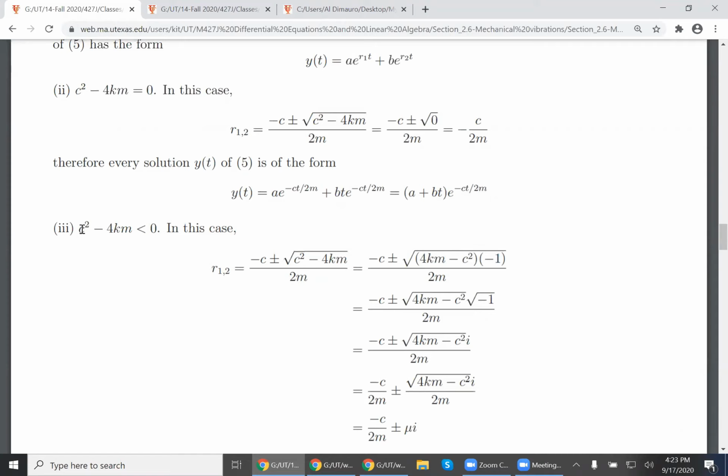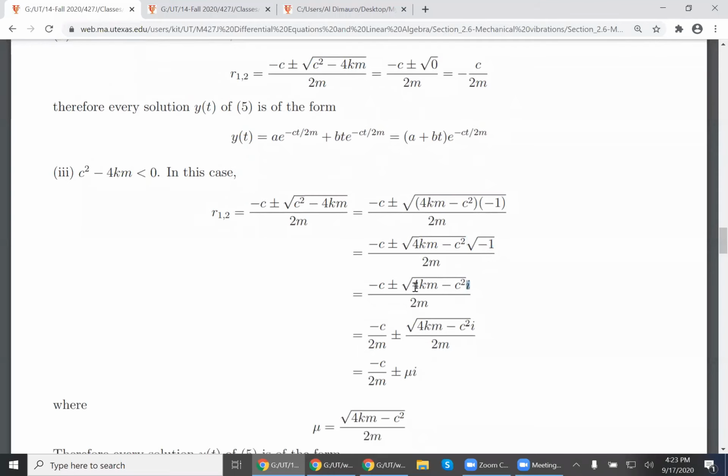Note that since this is negative, this is positive. A root of the product is the product of roots. Square root of -1 is i. Since this is positive, square root of this number is a real number.